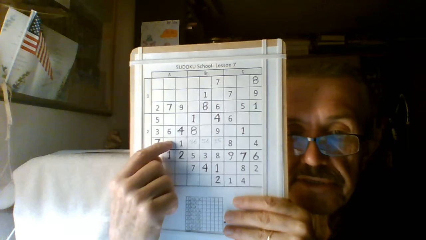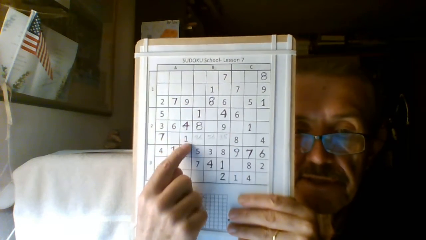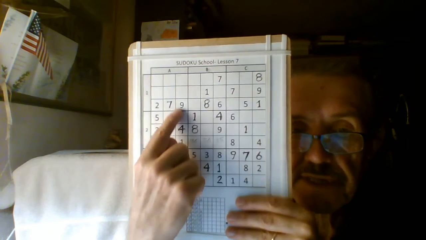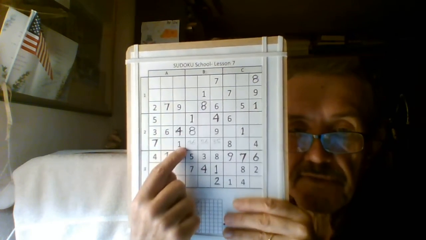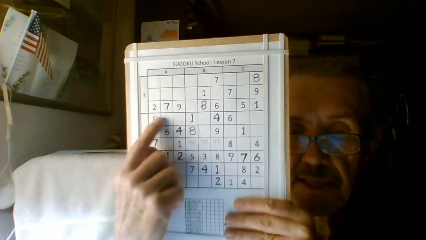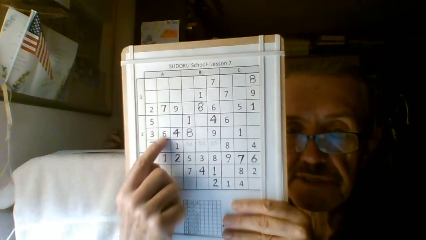These 2 locations are reserved for number 2 and 9, because you see in this column number 9 and number 2 already exist. So the available spaces in this square for number 2 and number 9 are these 2 locations.